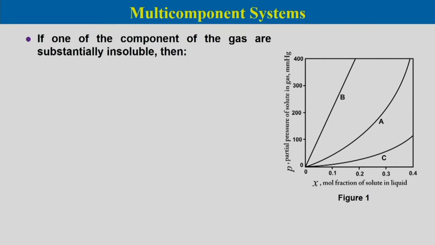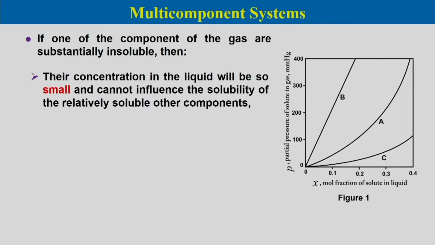So, if one of the components of the gas is substantially insoluble, then its concentration in the liquid will be so small that it cannot influence the solubility of the relatively soluble other components.